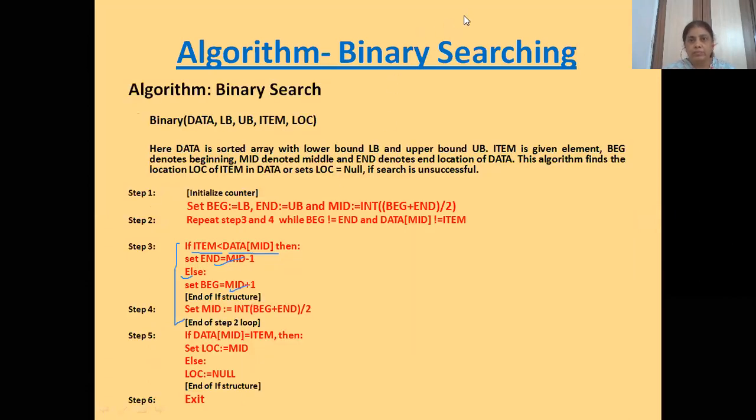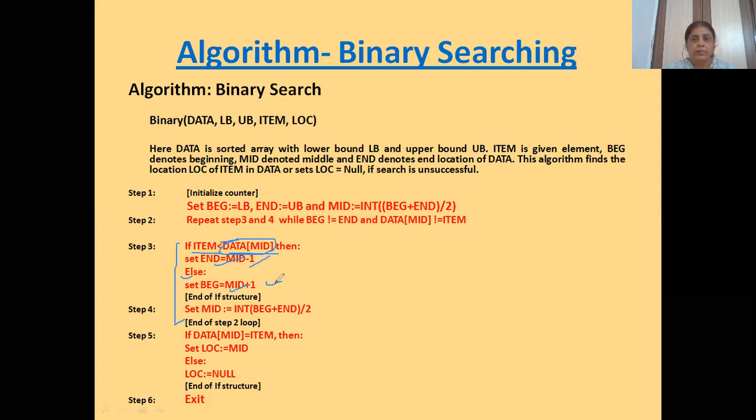So here we are checking the same condition: if your data item, the search item, is less than your mid value, then your end will change, otherwise beginning will change. Understood?